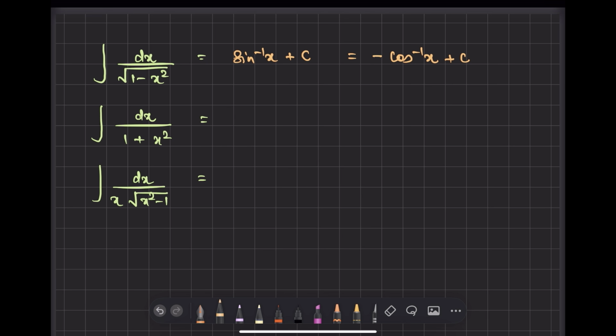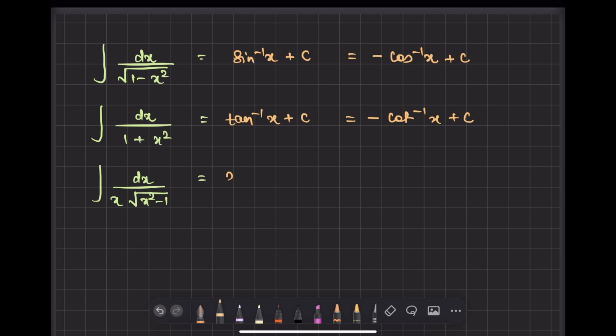Now, try to recall the differentiation of tan inverse x. So integration of dx by 1 plus x square is tan inverse x plus c. Now, what is the other formula? It is minus cot inverse x plus c. Answer is in c, so put minus.